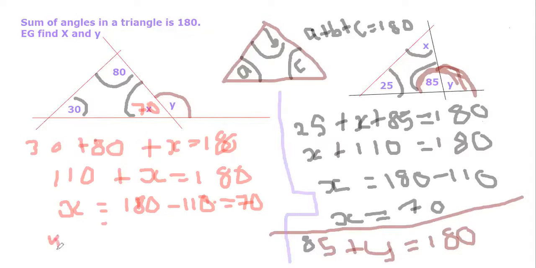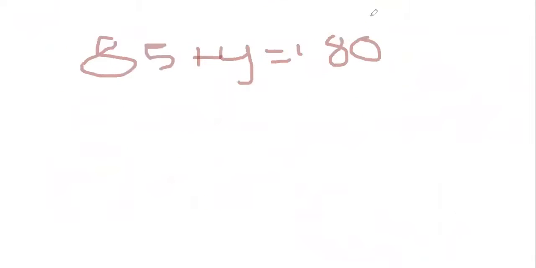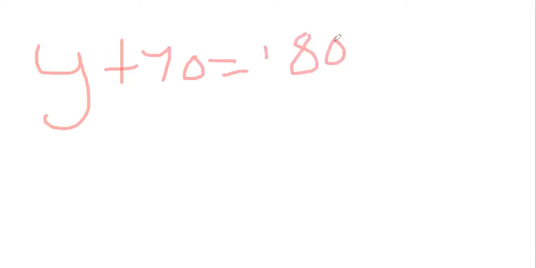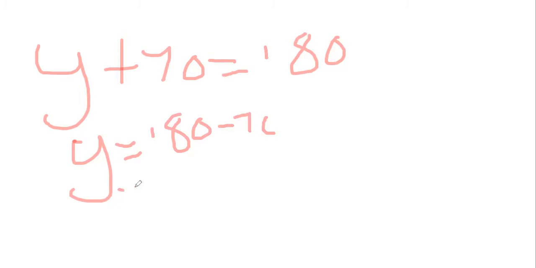Y plus 70 should be equal to 180. We want to solve for Y, which is quite simple: Y is equal to 180 minus 70, which is equal to 110 degrees.